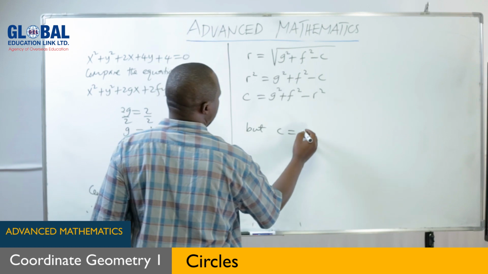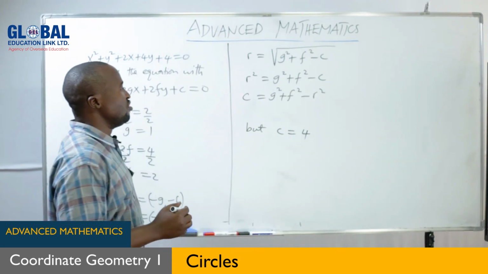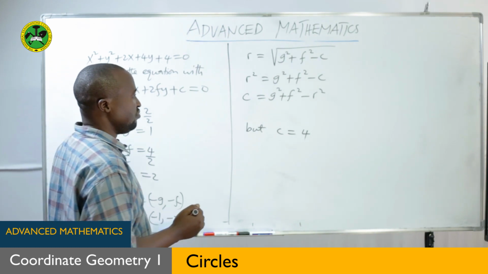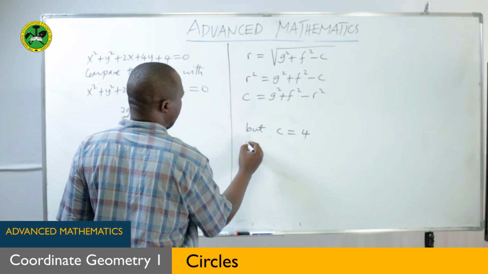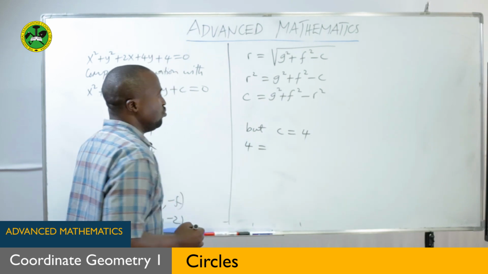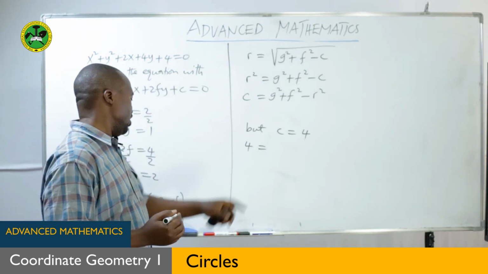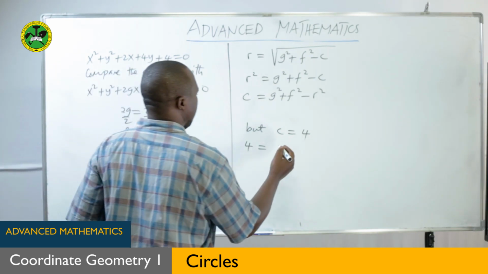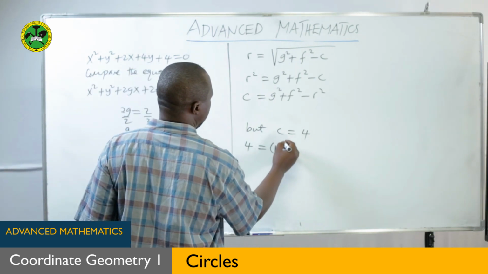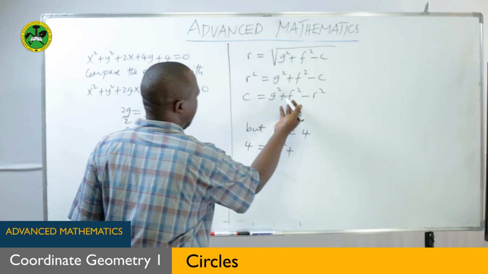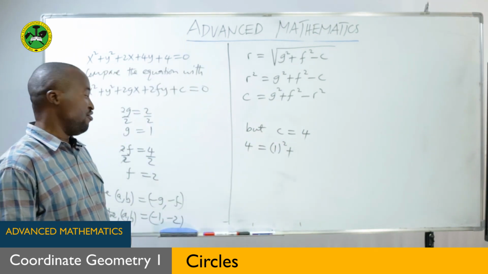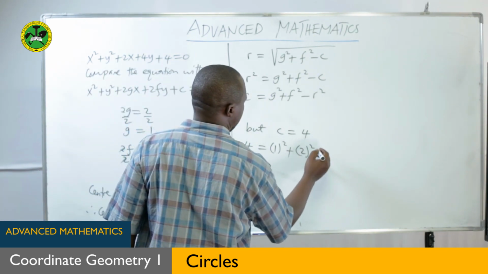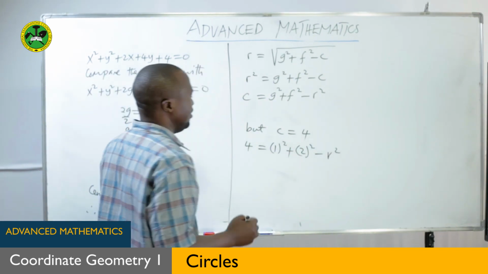So c is equal to 4. Now it is possible to find the radius of the circle. So we have 4 is equal to, remember the value of g, g is equal to 1, so 1 squared plus f squared, that is 2 squared, minus r squared.